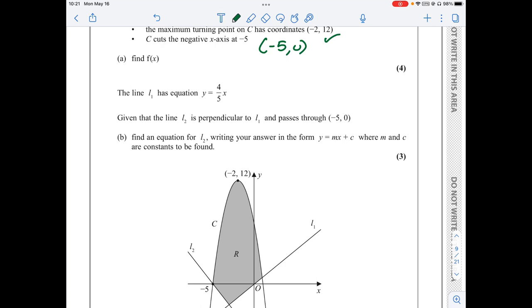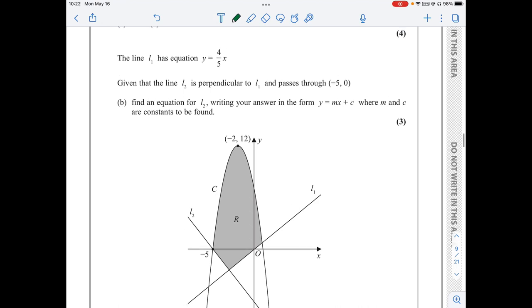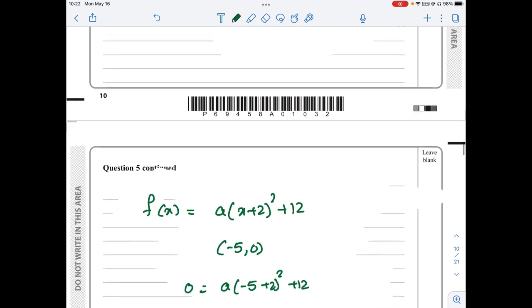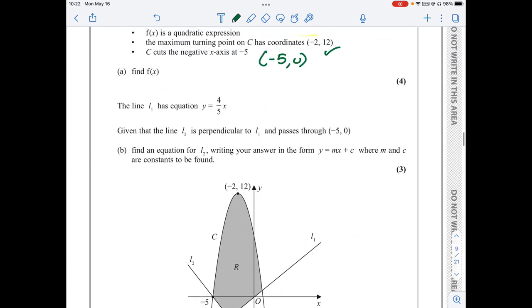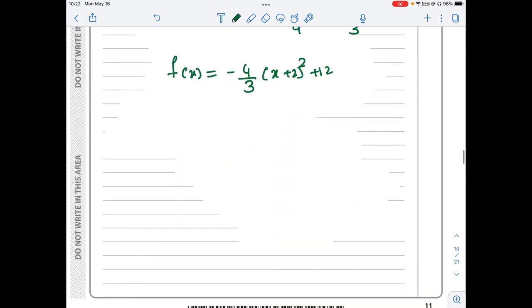For the next part of the question, the line L1 has an equation y equal to 4 upon 5x. Given that the line L2 is perpendicular to L1 and passes through minus 5 comma 0, find the equation of L2. So the equation of L1 is y equal to 4 upon 5x.